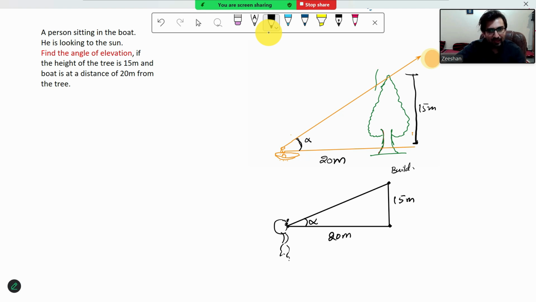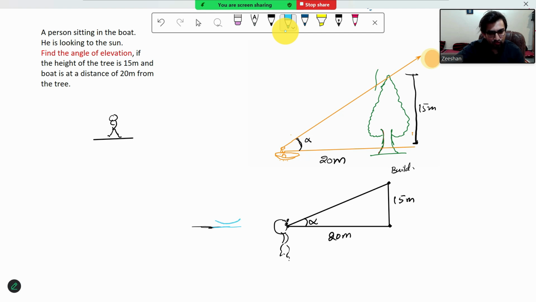Now we are coming to angle of depression. So angle of depression is, let's say this is a building, okay, and on top of that building there is a person. He's standing over there, and down below this is the ground, and let's take a boat again.